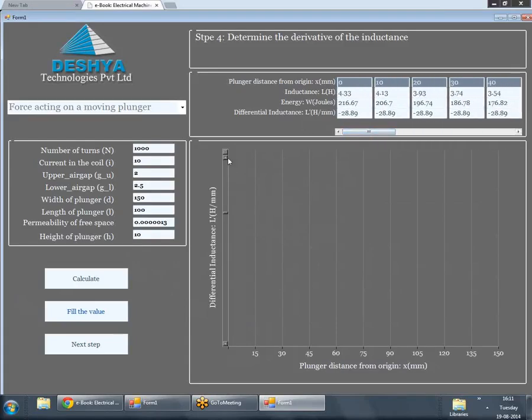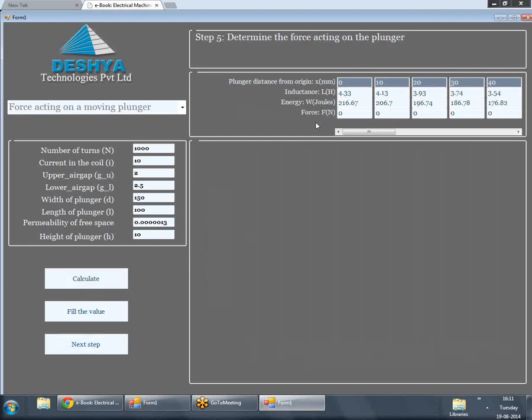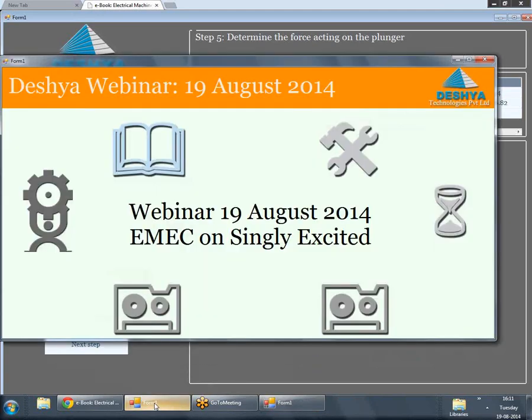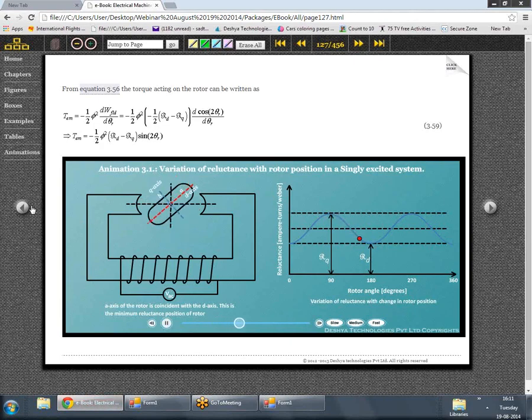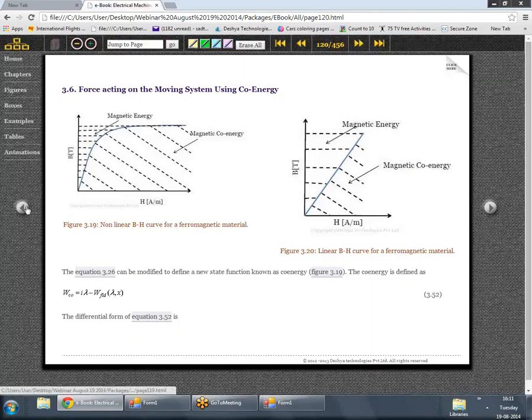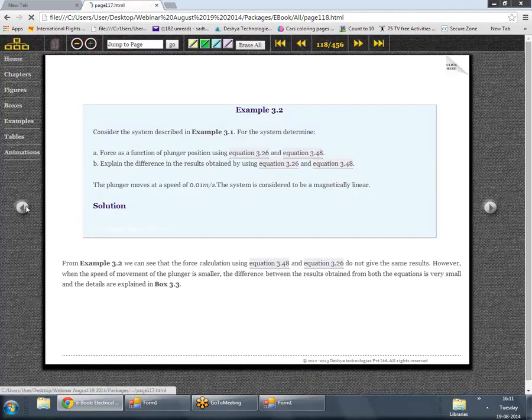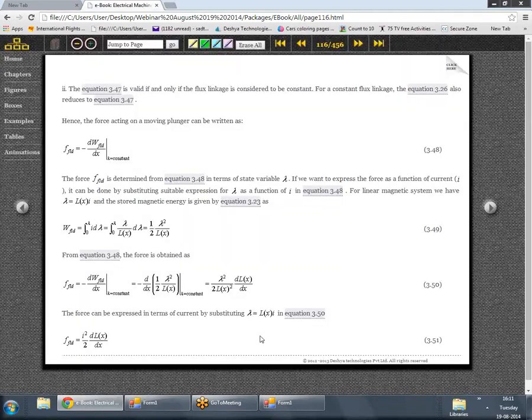Then we go to the next step, where we have to calculate the force. In the text we have seen the force was given by, let's go to the part of the description that we had. The force was given by half I square times the rate of change of inductance with the position.